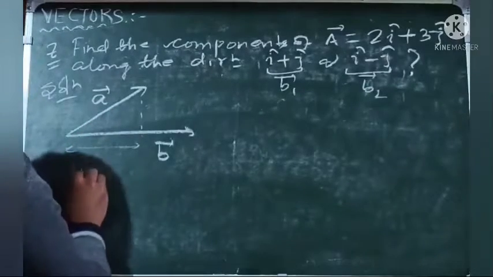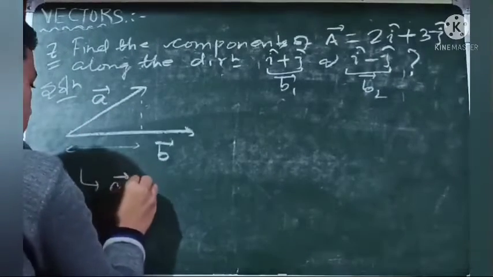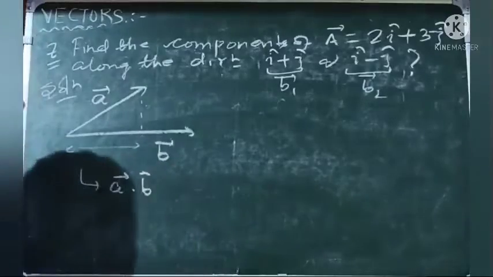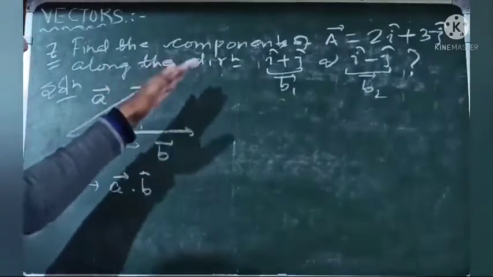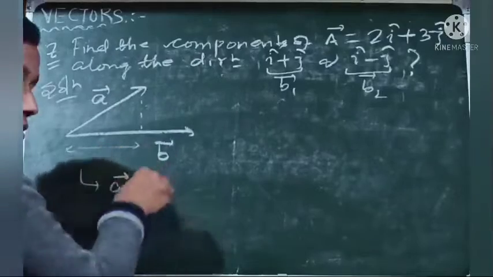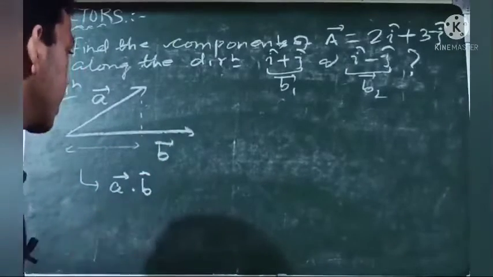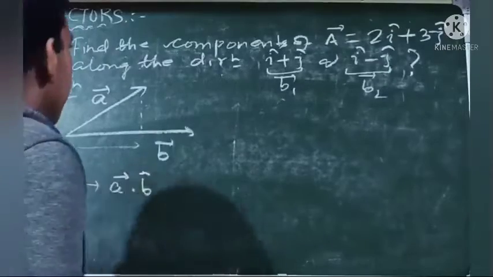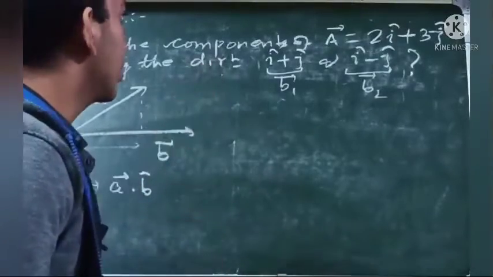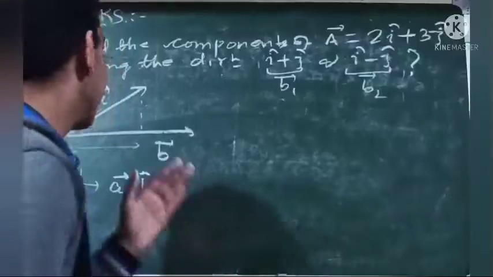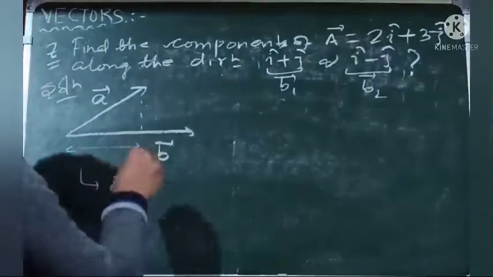We know its direct formula is a vector dot b cap. If we are required to find the magnitude of components, then we have to take mod also, so that the result or outcome is positive or 0. It should never be negative. Now, since we are asked only the components and not the magnitude of the components, we are not taking a mod of this value.